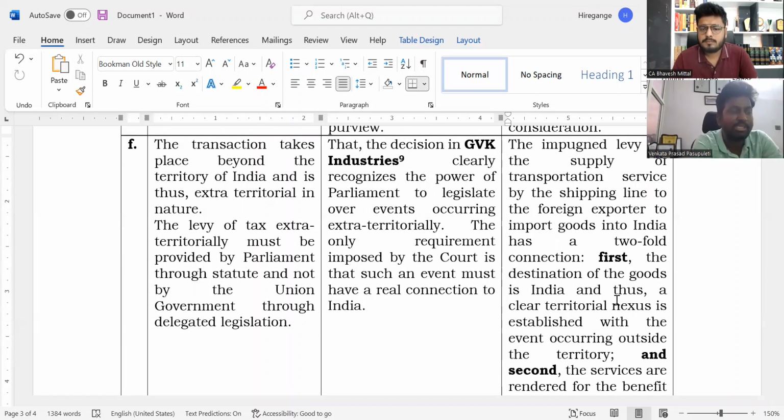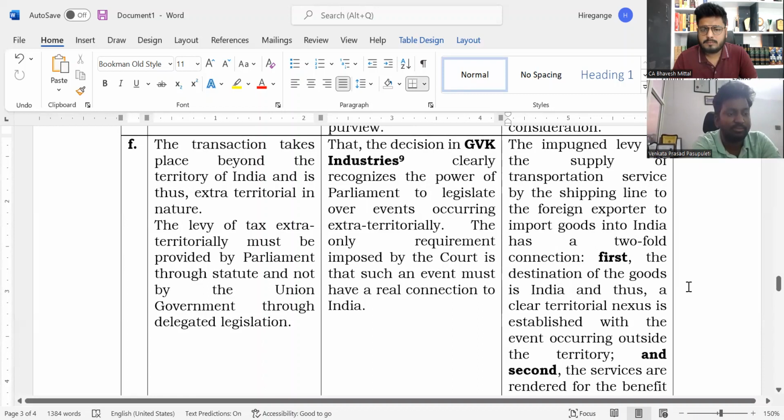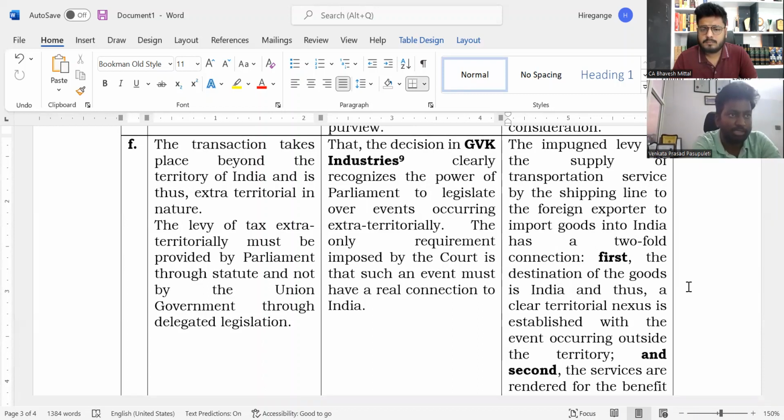In this case, the delegated legislation only says the foreign transaction is happening outside India, there is no Act or rule which says that a transaction between a foreign supplier and a foreign transporter will be deemed to have happened in India. There is no deeming. In absence of a deeming provision, they cannot tax this transaction being an extraterritorial operation.